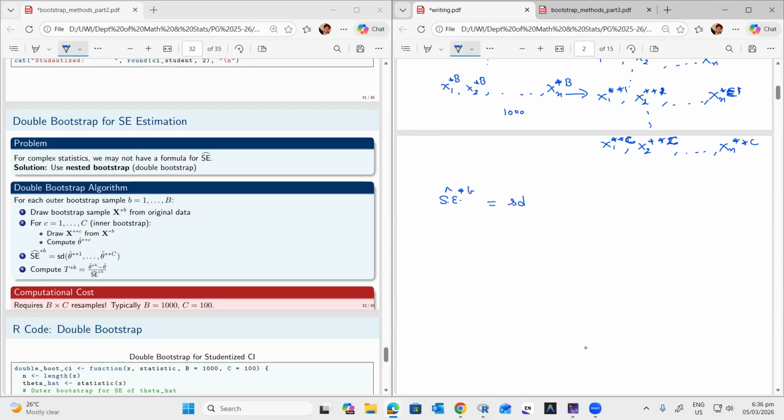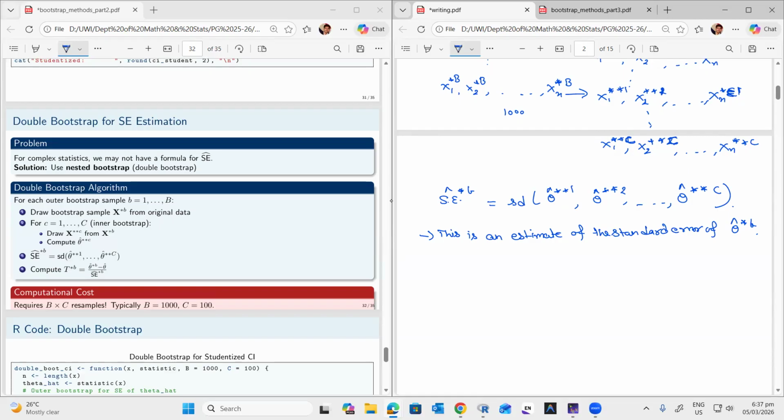That will be the standard deviation of theta cap double star 1, theta cap double star 2, and so on up to theta cap double star C. This is an estimate of the standard error of theta cap star B. For every single one, this is your standard error.